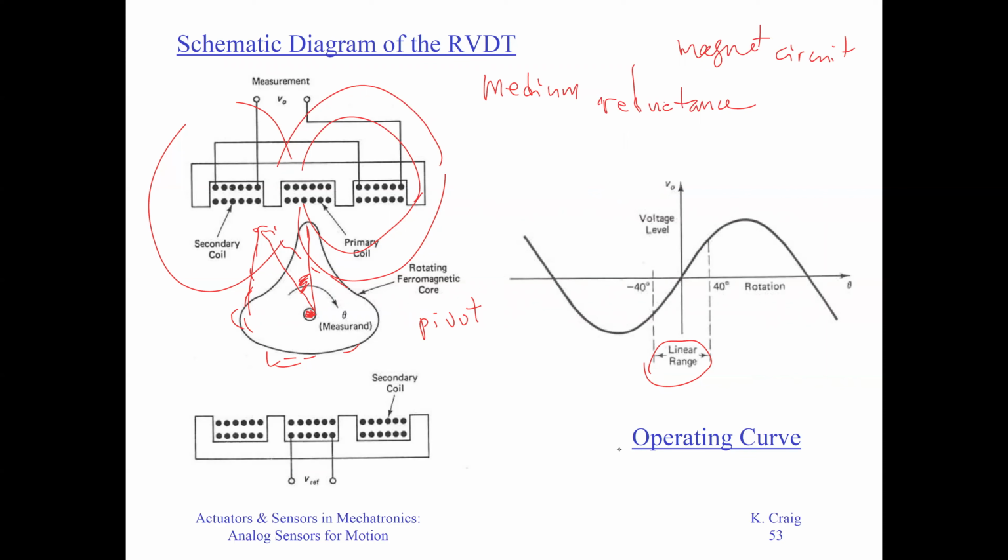So reluctance will change while you rotate. Because of that change in reluctance, we induce voltage in the left and right secondary coils. Then with the differential connection, you have output V. So V versus your theta will look something like this. But we should really focus only on this linear range.